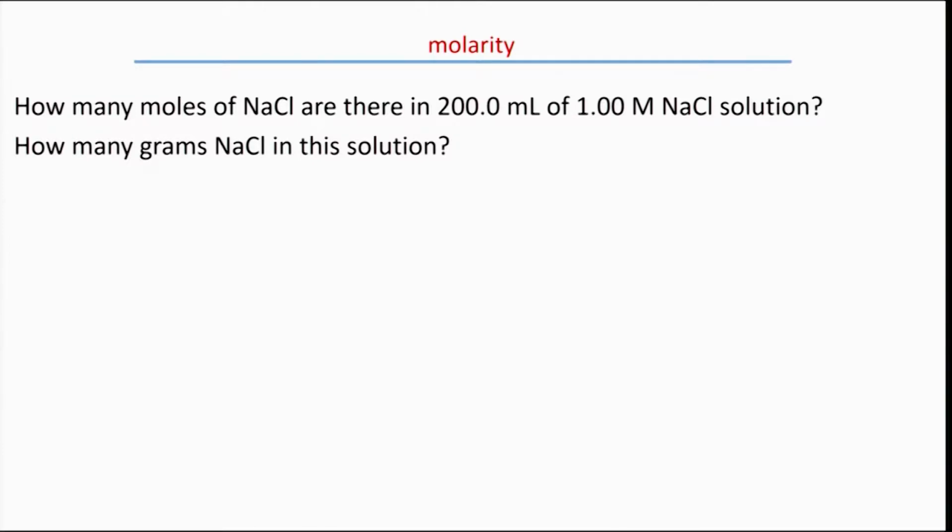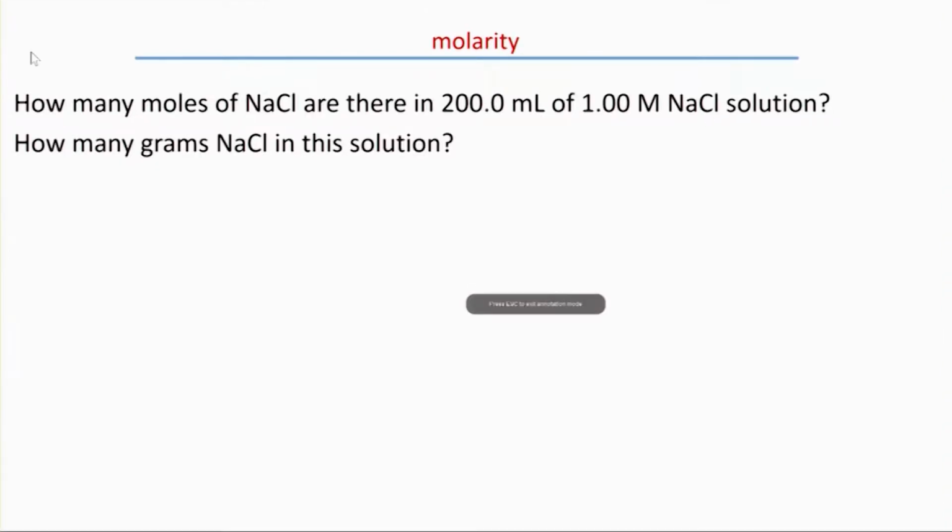All right, couple things. When you are given molarity, and you actually have to do a calculation with it, I want you to be able to recognize that writing 1.00 M, and that stands for molarity, is the same thing as writing 1.00 moles per liter.